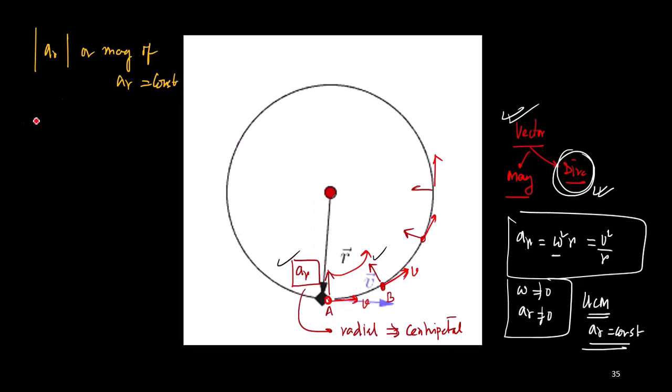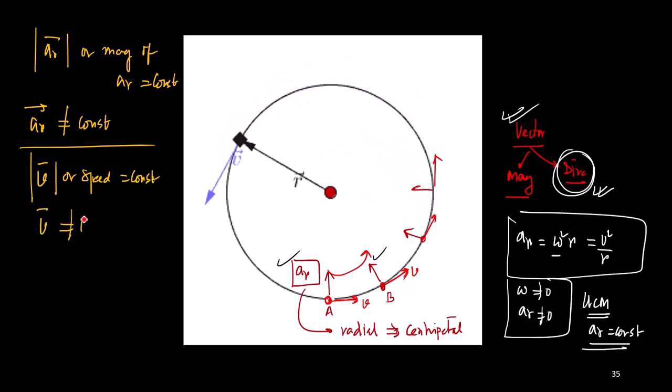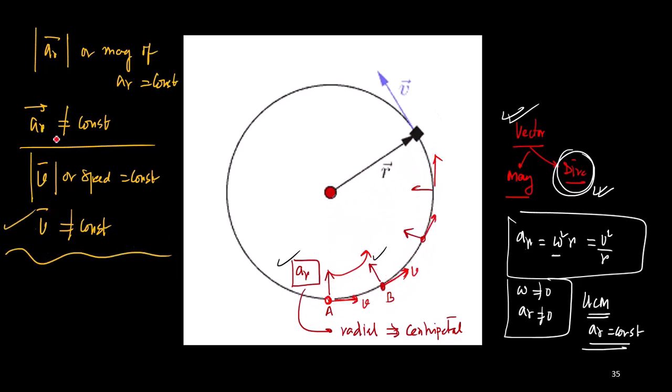But the AR vector is not constant. Similarly, the magnitude of the velocity vector, or speed, is constant. That is true. But the velocity vector is not constant. Understood my point? Both the velocity vector and the AR vector are changing direction, though their magnitudes remain fixed.